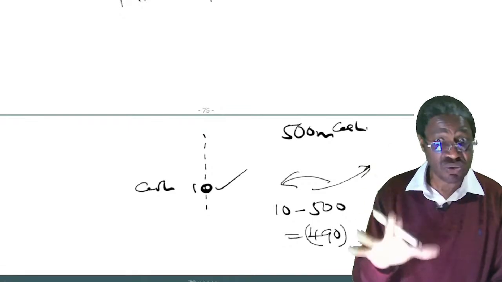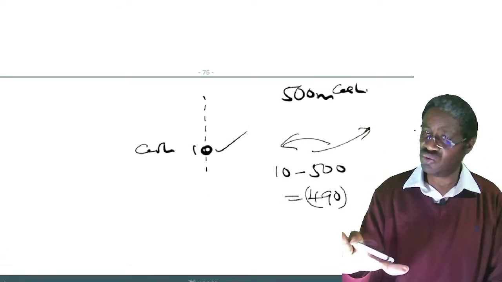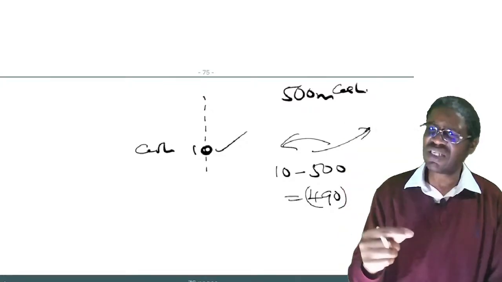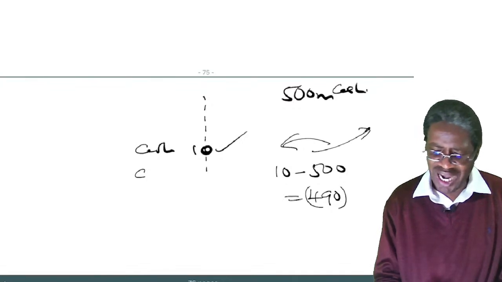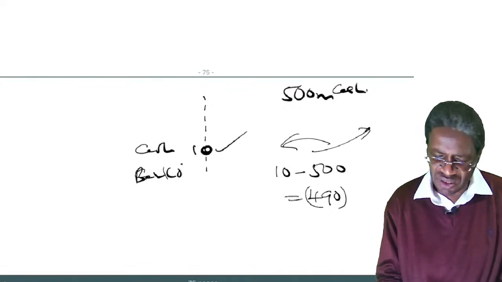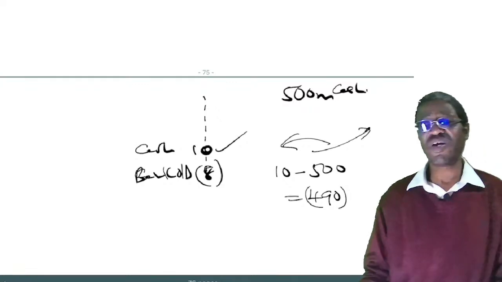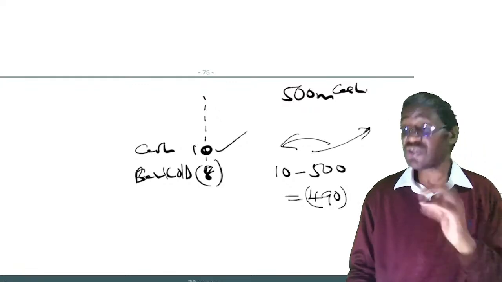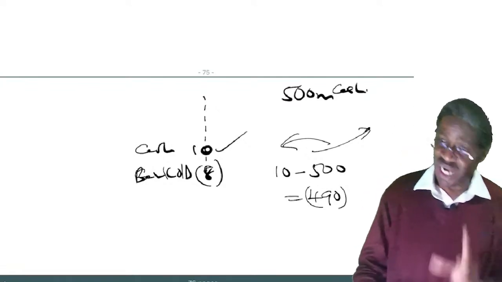Then we went further. Just to remind you, what if I paid you 500? True. But among the assets and the liabilities you are giving me, there is that cash of 10 million and a bank overdraft of, let's say, 8 million. We said an overdraft is a negative. I'm just reminding you because you never know in other questions.